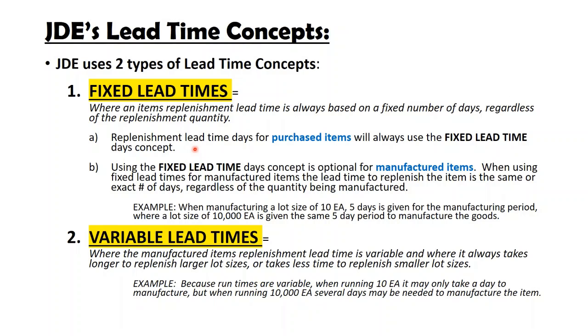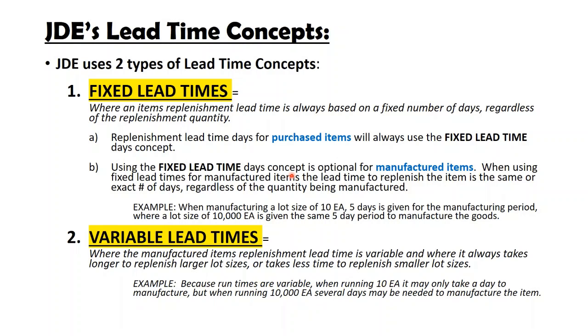Replenishment lead time days for purchase items will always use the fixed lead time days concept. Using the fixed lead time days concept is optional for manufactured items. When using fixed lead times for manufactured items, the lead time to replenish the item is the same exact number of days regardless of the quantity being manufactured.